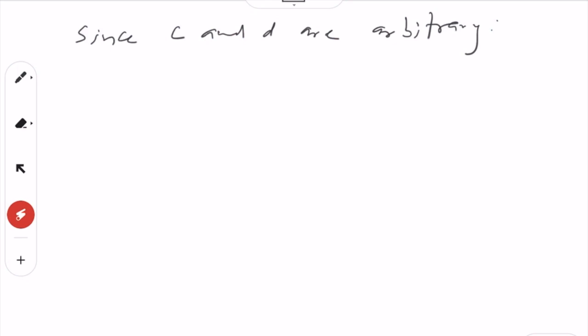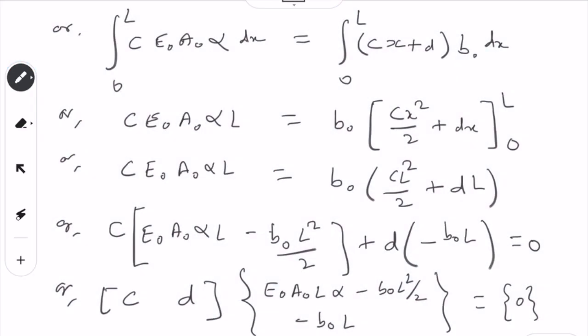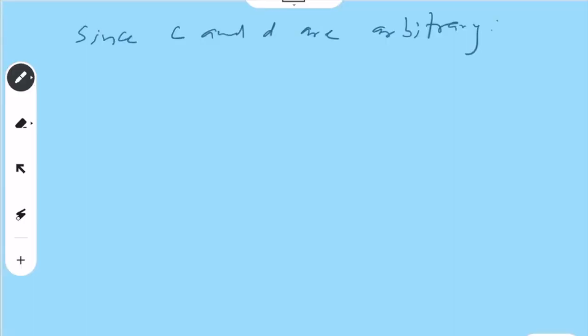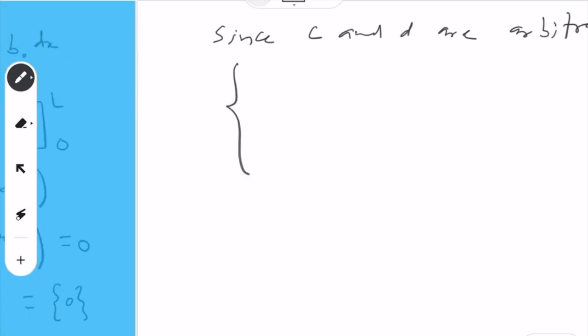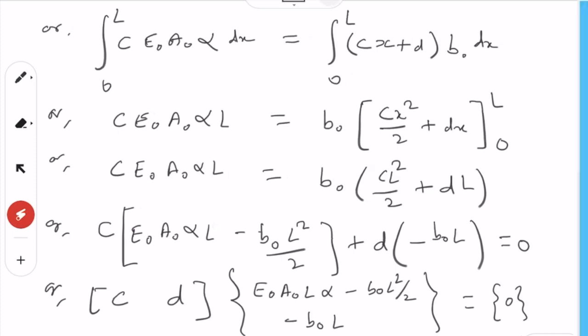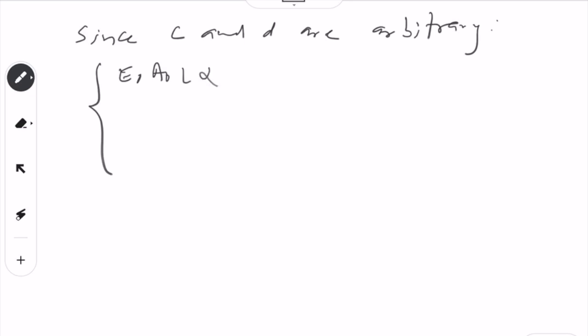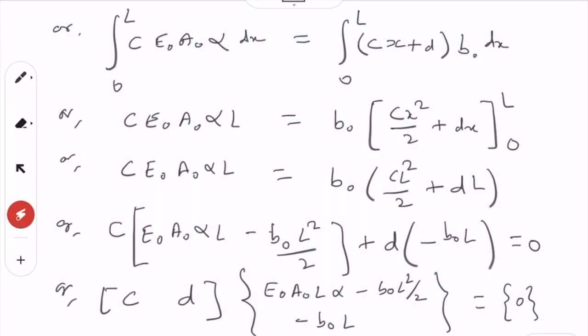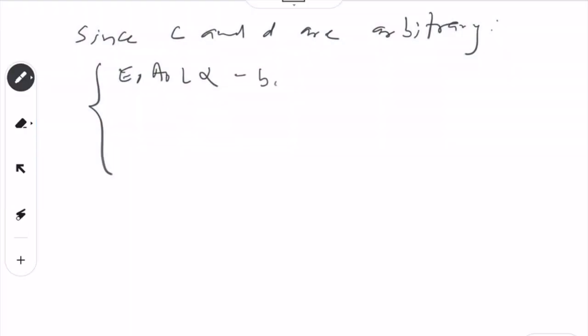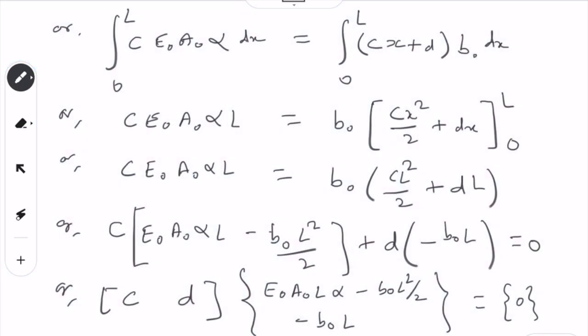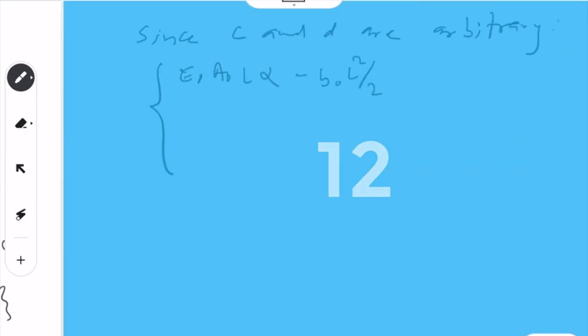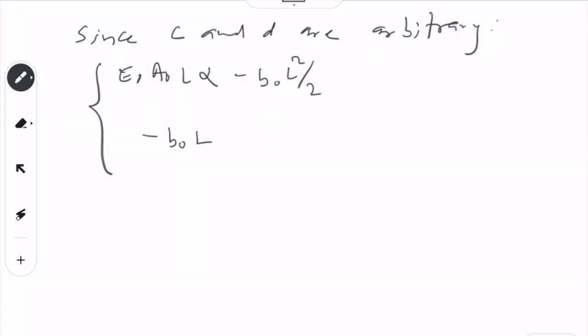We have E naught A naught L alpha minus B naught L square over 2, and then we have the next one, minus B naught times L, is equal to 0.